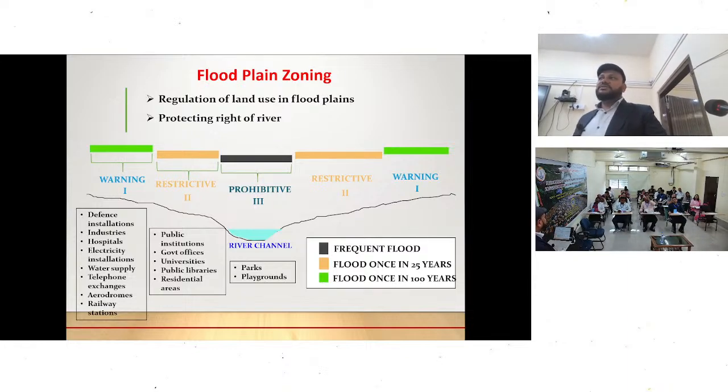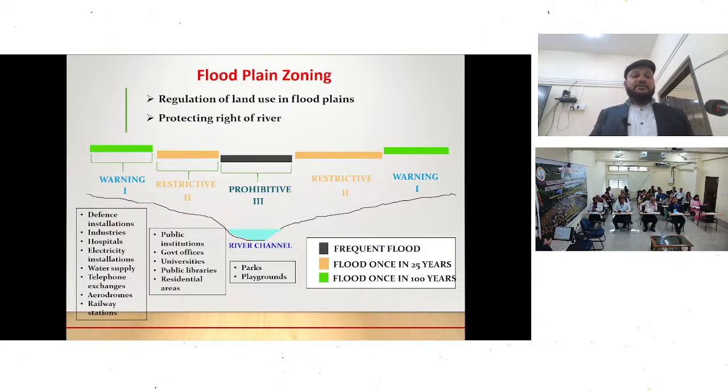One is prohibitive, meaning no activity is allowed; only parks and playgrounds can be allowed in those areas. Another is restrictive, where we can allow only public institutions, government offices, universities, public libraries, and residential areas. The other is warning, where with caution we can install industries, hospitals, electricity installations, water supply, telephone exchanges, aerodromes, railway stations.